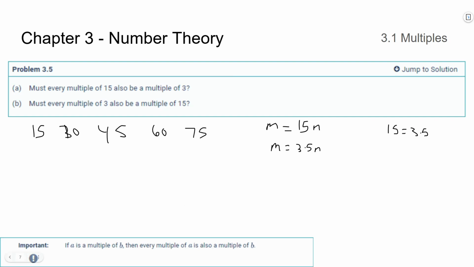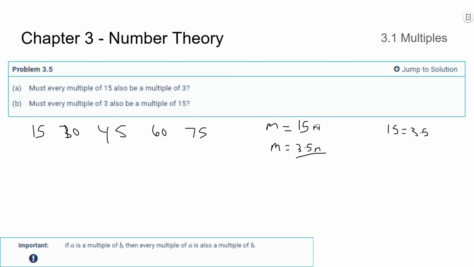So m is also going to be a multiple of 3, because if you divide this by 3, you'll always get 5n. Every time you divide by 3, you'll get a remainder of 0, and what you'll be left with is whatever 5n was.